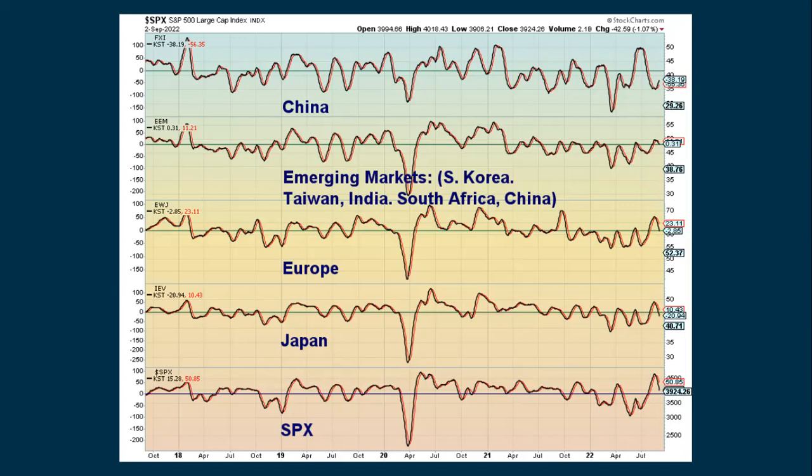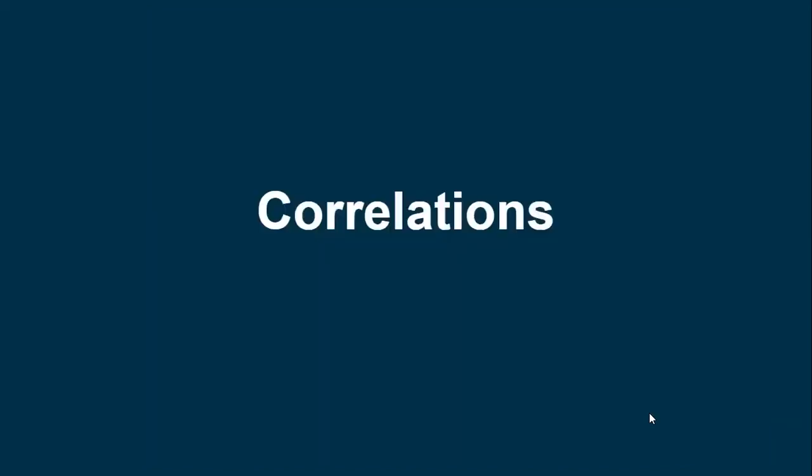Now, that doesn't directly affect the U.S. stock market, but it can affect the U.S. economy because of the supply chain issues and eventually into some earnings with those companies that do business in China. Well, we're starting to roll over with the emerging markets, Europe, Japan, and the U.S. So China's starting to turn up while the rest of the world's turning down.